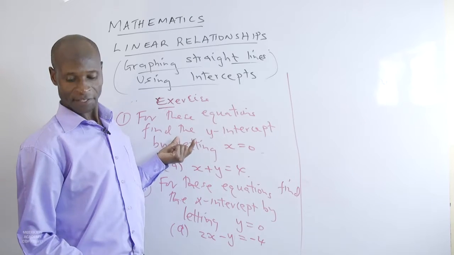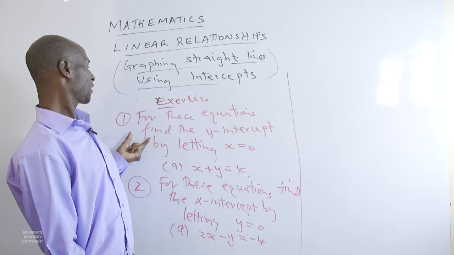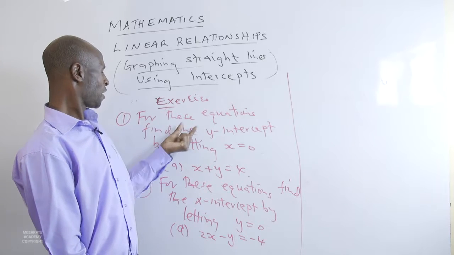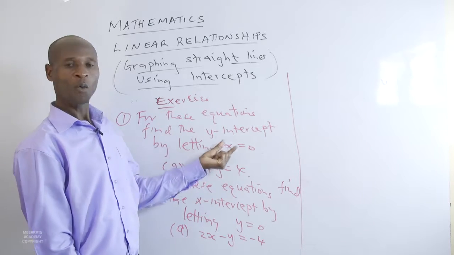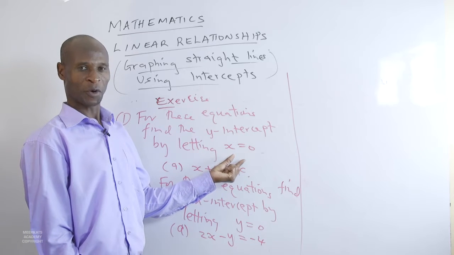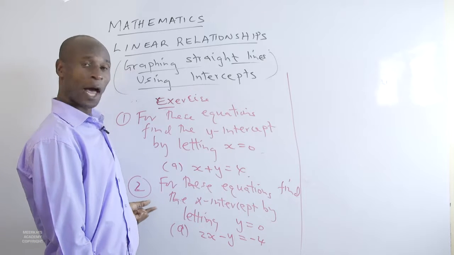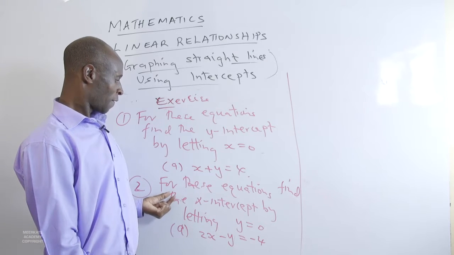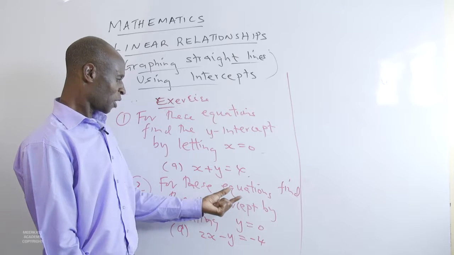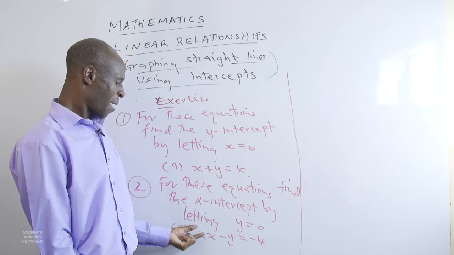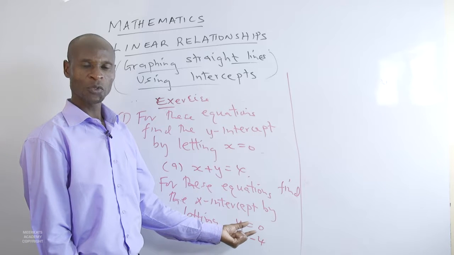Look at this exercise. Let us look at this exercise. In the first question, for this equation, find the y-intercept by letting x is equal to 0. And in the second question, for this equation, find the x-intercept by letting y is equal to 0.